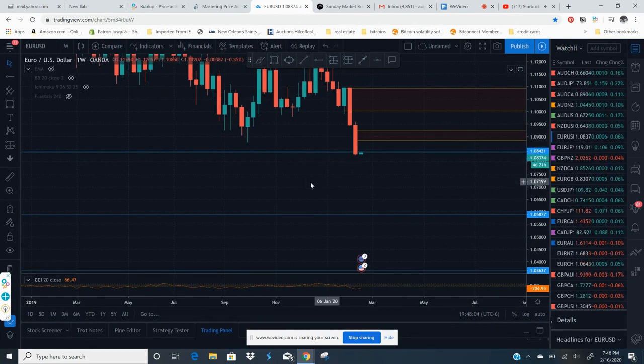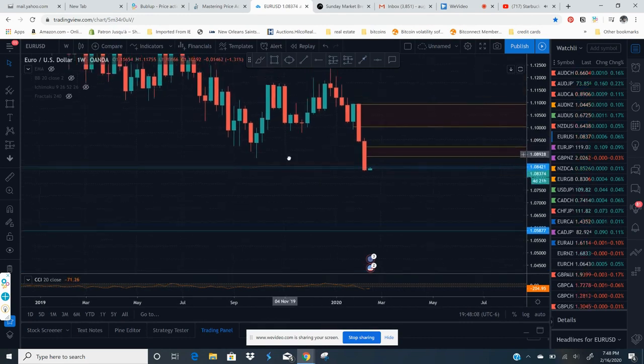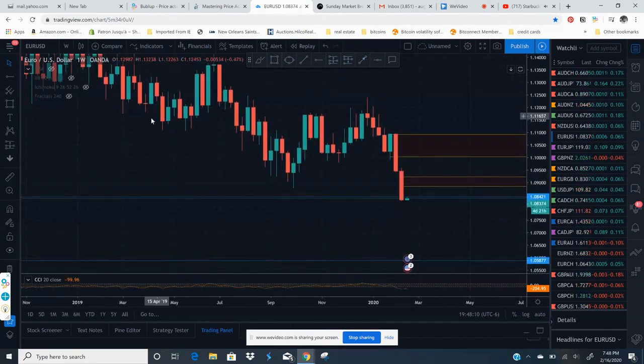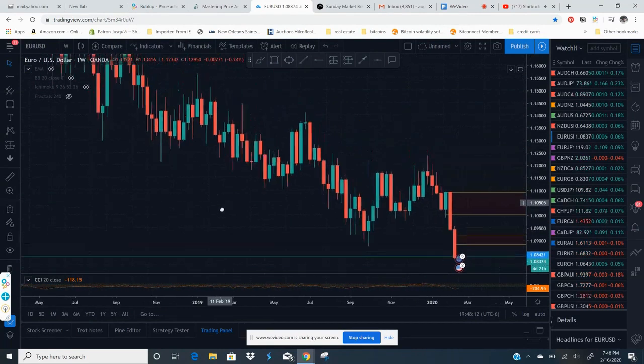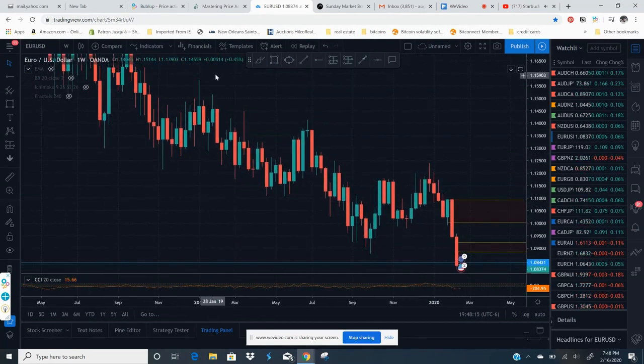Structures. Price likes to be in certain areas. I'm going to give you an example. I see this. Came up here, this morning star. Came down, hit a certain support level right here. Pushed down, came back, touched this level. A perfect example.